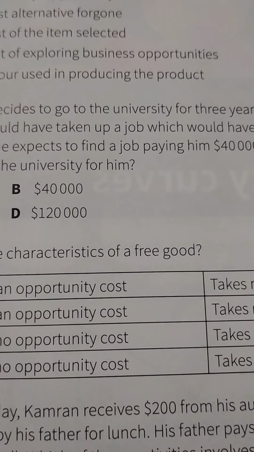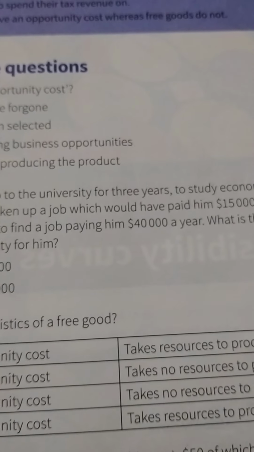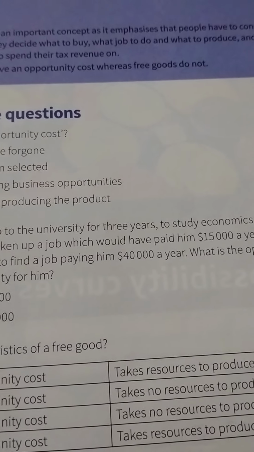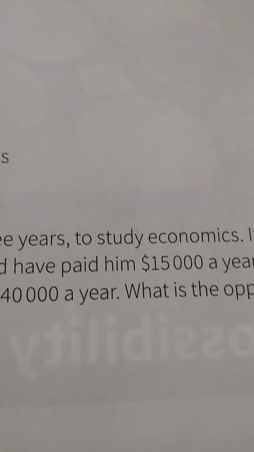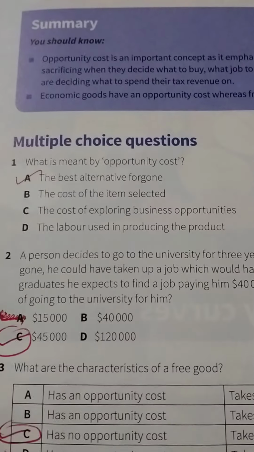So he's wise enough. He's going to university for 3 years, but each year he would have got $15,000 with a job. So he's not going to take that job, but he's going to join a university for 3 years, studying economics, the best subject.